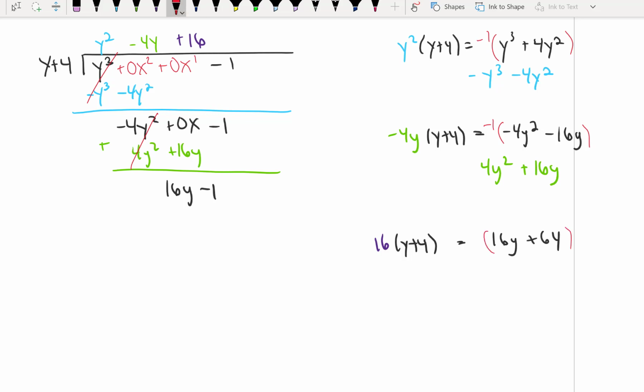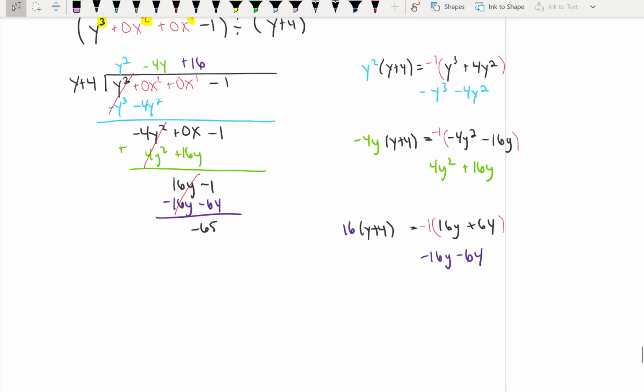And I am multiplying by a negative, so that I can get a negative 16y minus 64. So negative 16y minus 64. Those cancel, and a negative 1 minus 64 is going to give me a negative 65.